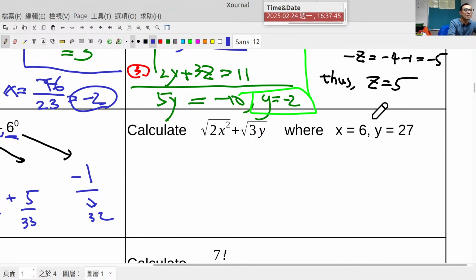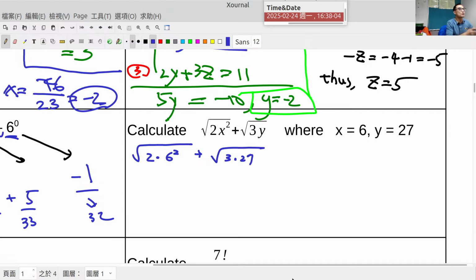Okay, we can place 6 here. Square root of 2 times 6 square plus square root of 3 times 27.